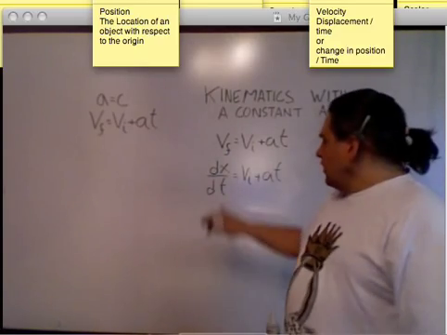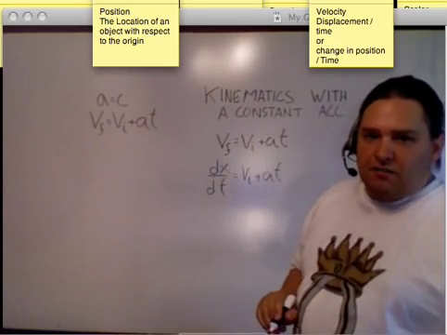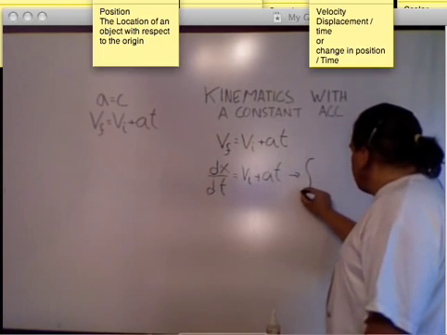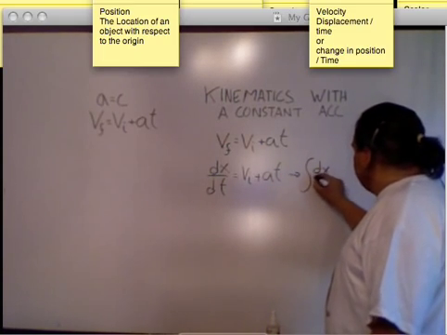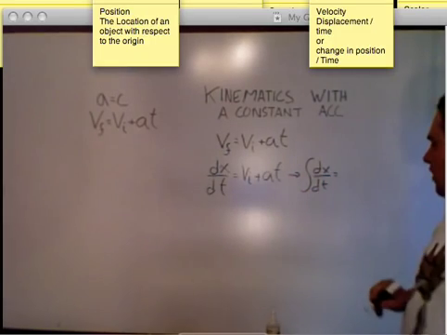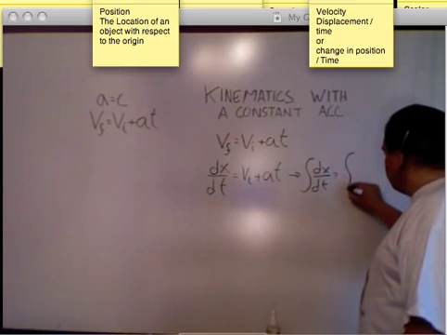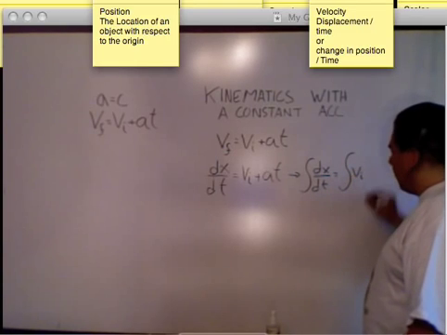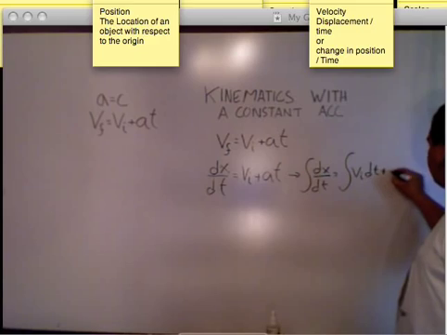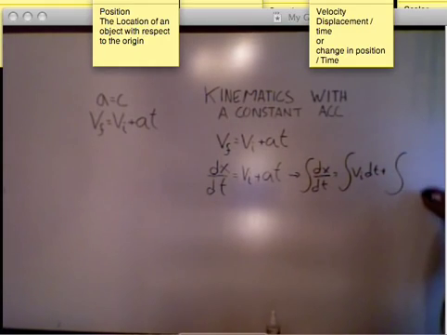Now, to talk about position, I'm going to do the exact same thing I did with velocity. I want to take an integration with respect to this. Well, to do it to one side, I have to do it to the other. So I have the integration of vi dt plus the integration of at dt.